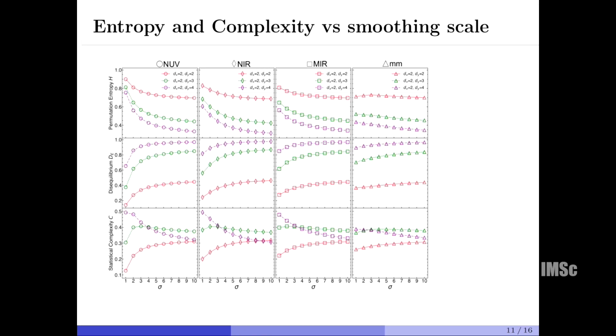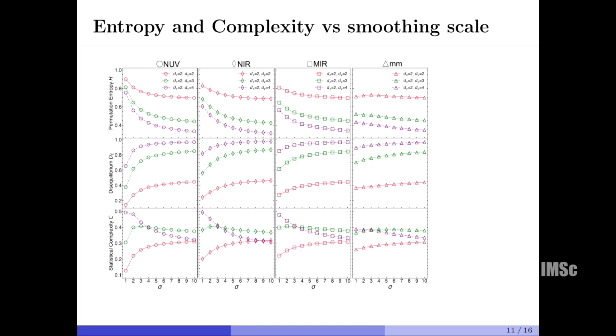This is expected, and visually it is easy to see. On the other hand the disequilibrium increases, and the complexity C is basically a multiplication of these two, and these are the kinds of behavior that we see.